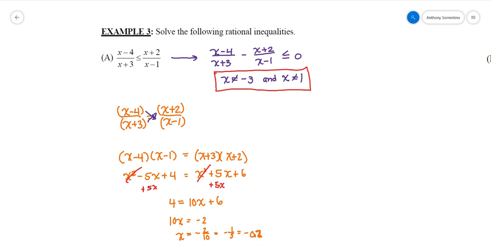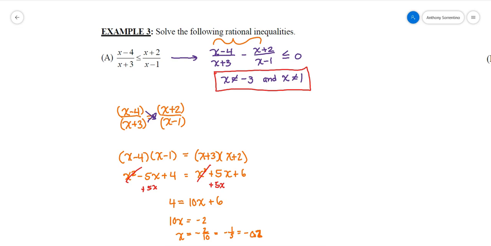Since all of these are exact, I can write them in decimal or fraction form. It doesn't matter. But that gives me the one and only solution. So this is the only thing that's going to make these two rational expressions equal to each other. It's also the one that's going to make this left-hand side equal 0.